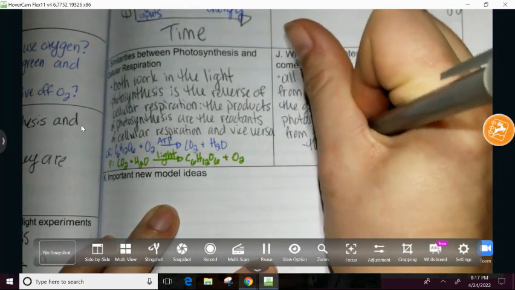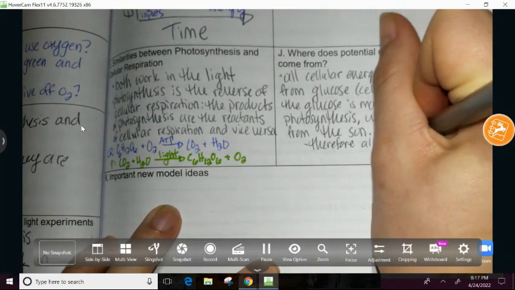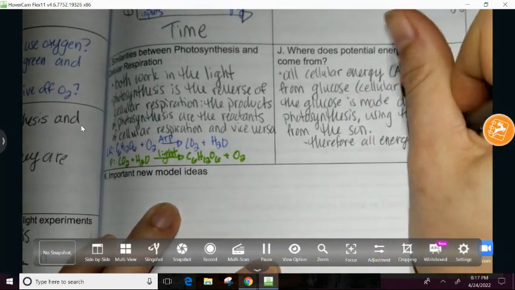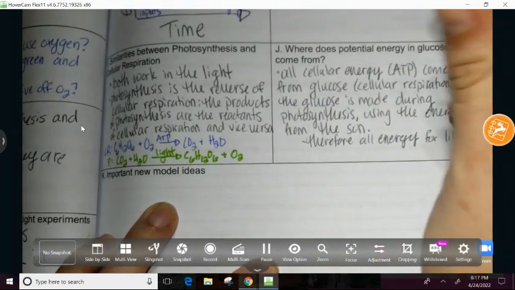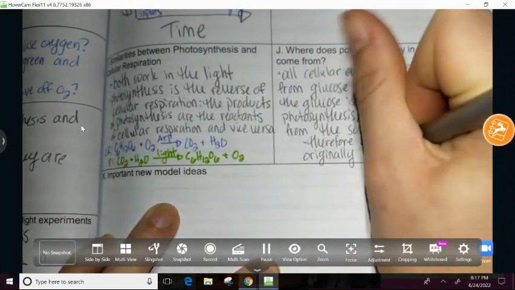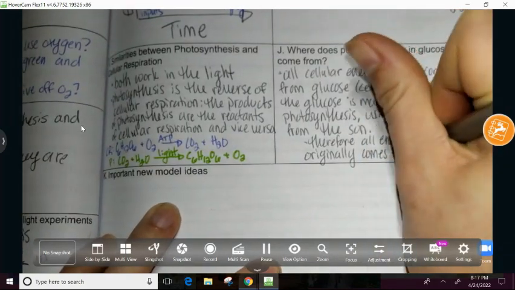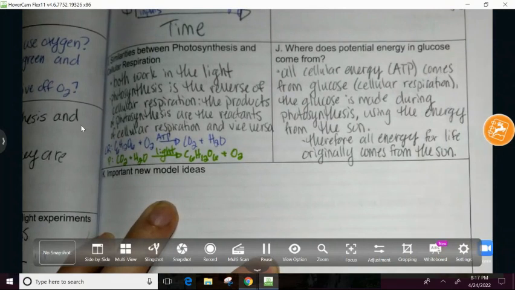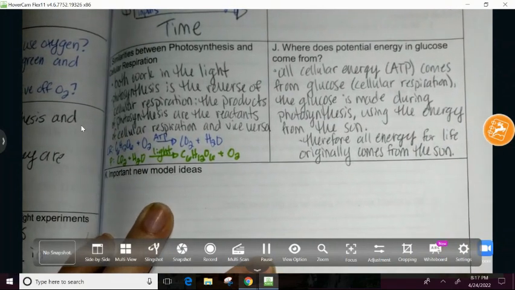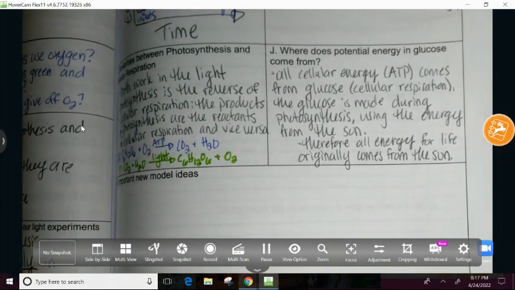Therefore, all energy for life originally comes from the sun because it creates the energy for glucose.